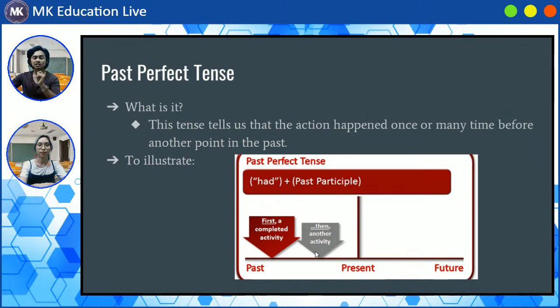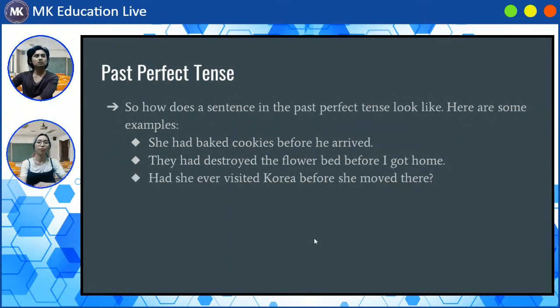That is the distinction between the past perfect tense and the past perfect continuous tense, which will be explained later by my partner here. So remember, the past perfect tense explains that before an action was finished in the past, another action was already completed. So let's go to the next one.